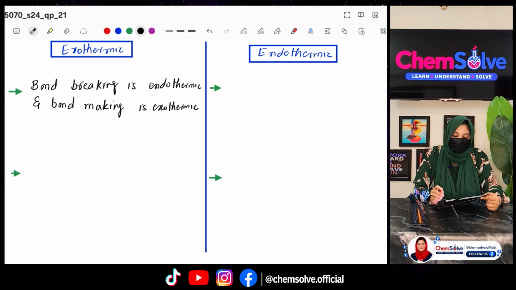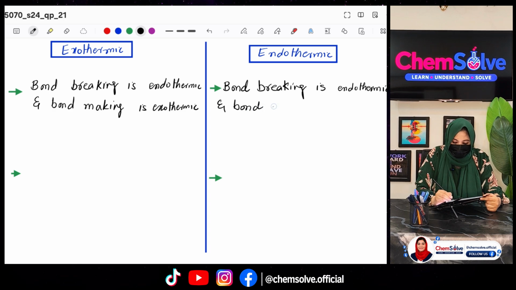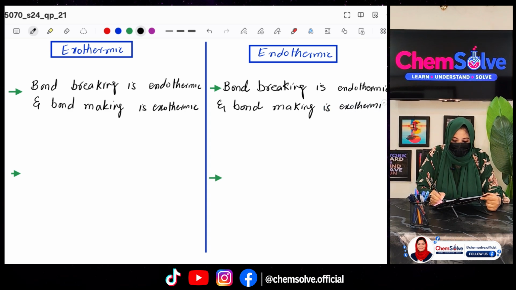And if the question is asked about an endothermic reaction, this point will remain same. Bond breaking is endothermic and bond making is exothermic. So the first point will remain same.